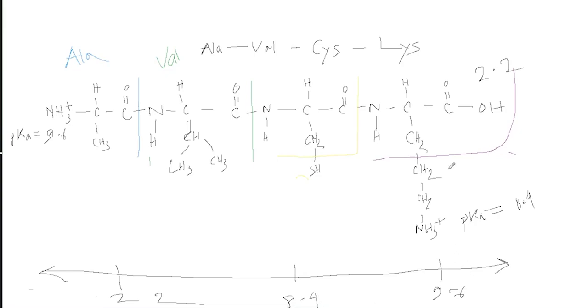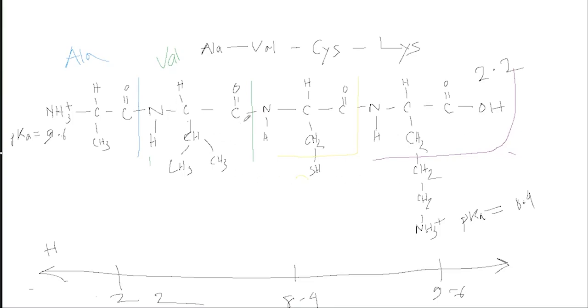All right. So anything below a pH of 2.2, the lowest pKa value, will have every group ionized and charged with a hydrogen or a proton. So this group will be a +1 for this NH3+.